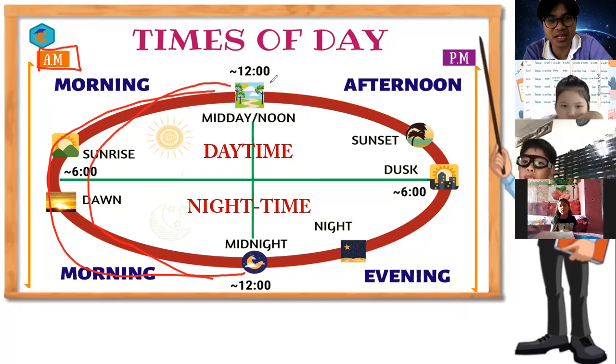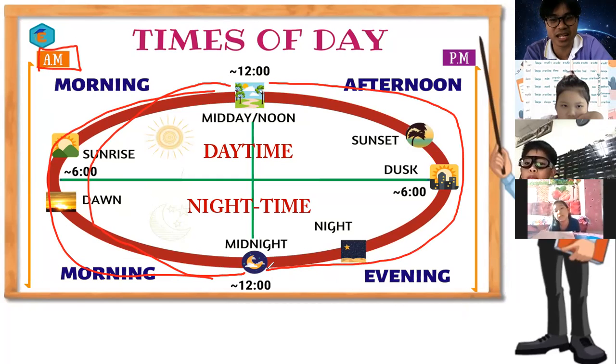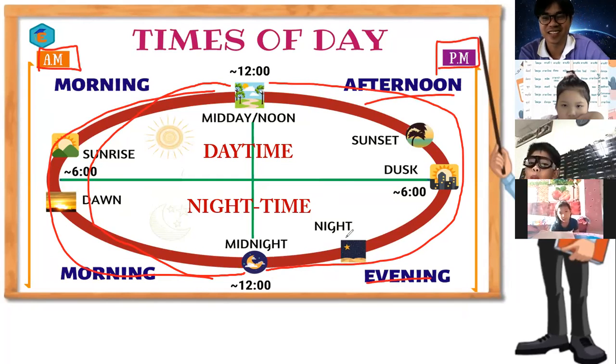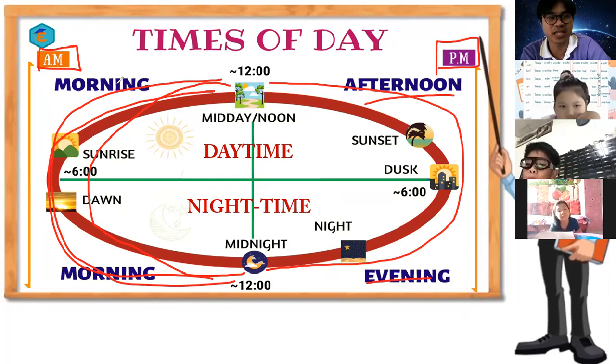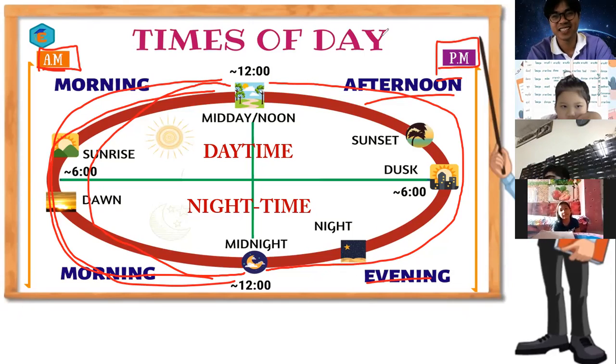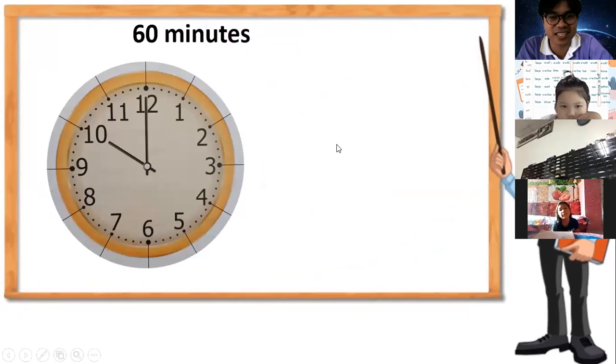And from midday until midnight, this is called PM, or afternoon and evening or nighttime. That's the period of time when you say AM and PM. So AM is morning, PM is afternoon and evening.